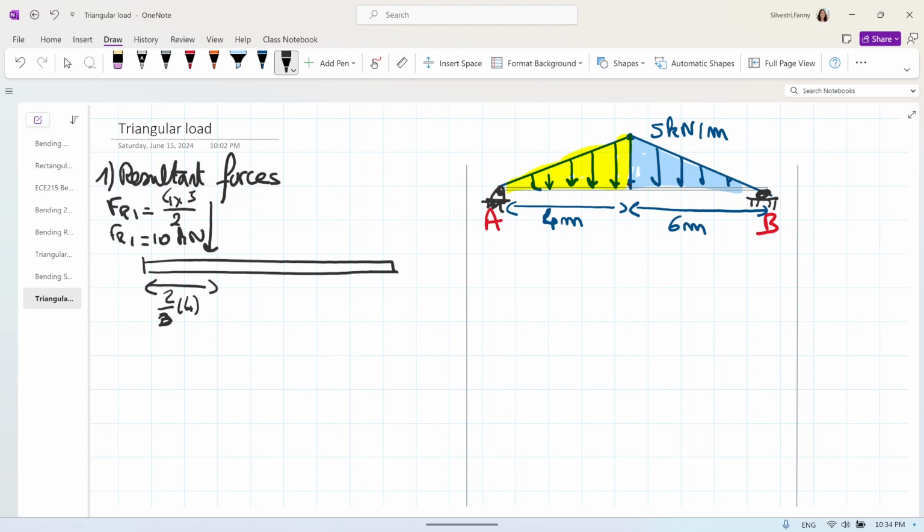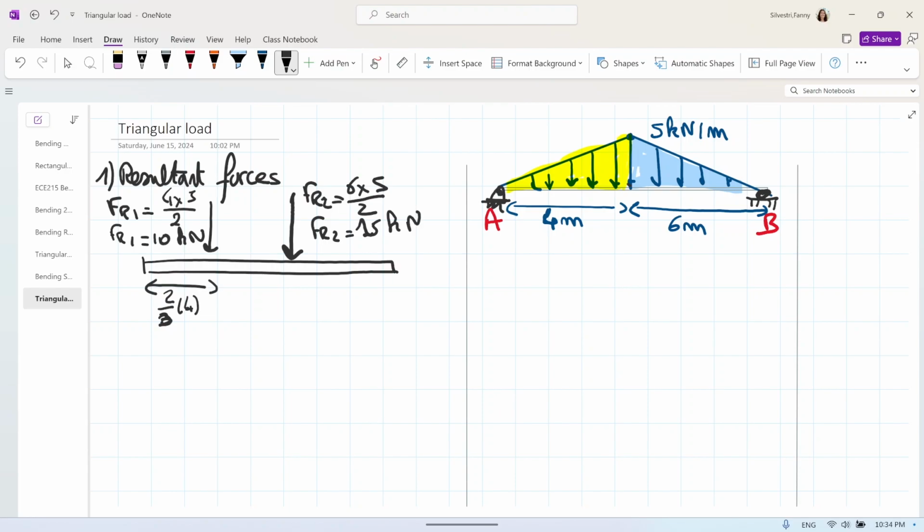So FR2 for the second distributed load, this is FR2 because it's longer. So the 6 meters times the base, 5 kilonewton per meter, divided by 2. So FR2 equals 3 times 5, 15 kilonewton.